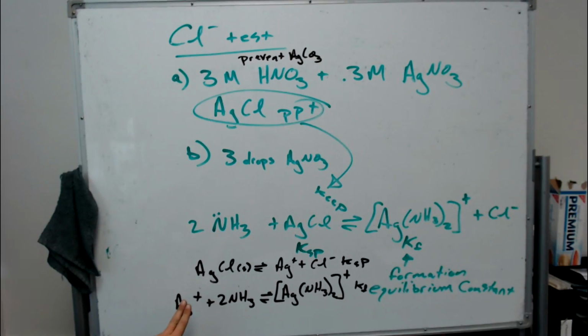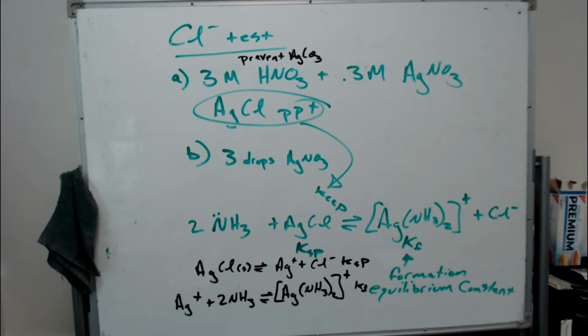So this is kind of the same thing, right? I've got a solid that's forming, and I want to add the right material that's going to dissolve that solid but not other things. If I compare AgCl, AgBr, and AgI, only one of those 3 is going to dissolve when you add the NH3.